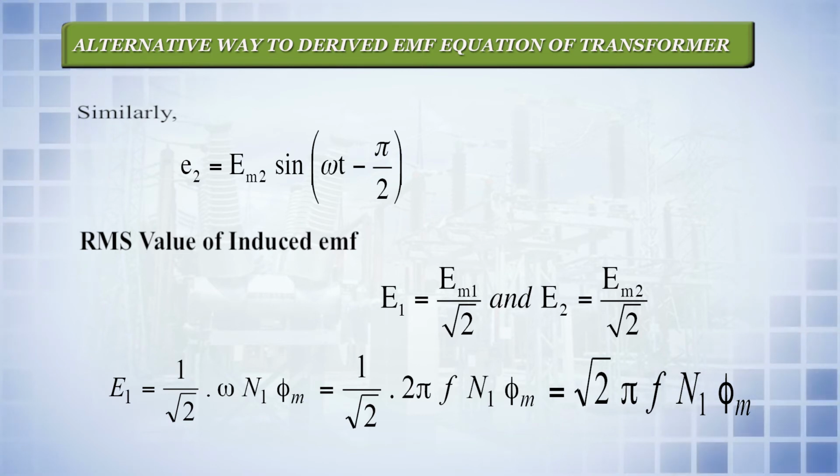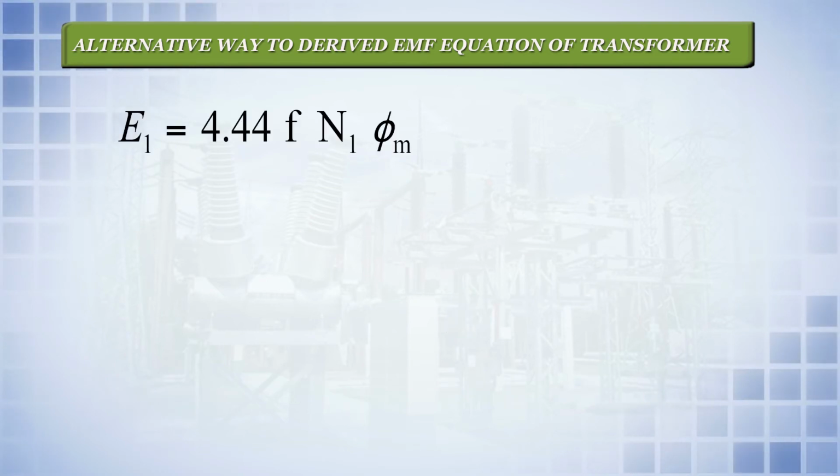Now you divide 2 by under root 2, so it comes to under root 2. So E1 is equal to under root 2 pi f N1 phi m. Now you put the value of under root 2, which is equal to 1.414. The induced EMF at the primary side E1 can be written as 4.44 f N1 phi m.